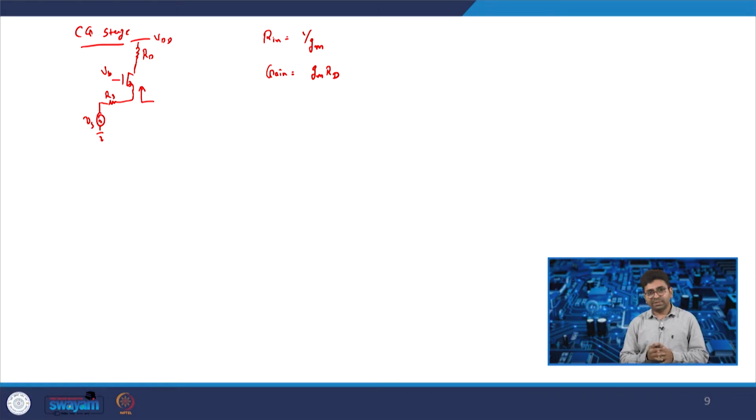If you consider channel length modulation, you also need to consider the output impedance Ro. So here the output Ro is Rd. If we try to draw this again, Rd, what is the noise?